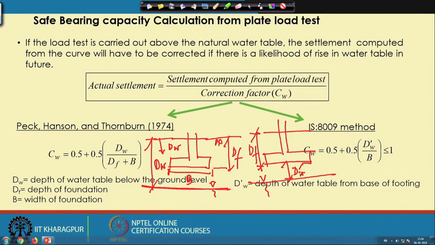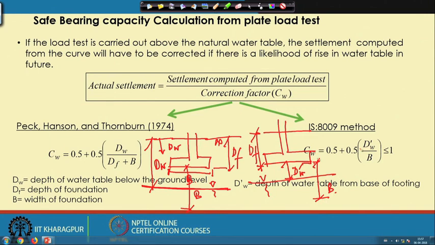Sometimes dw is limited to the base of the foundation also, so that means the influence zone is up to Df plus B, as I have already explained. Here also the influence zone is up to B. Beyond the depth B from the base of the foundation, we do not consider the water table effect.